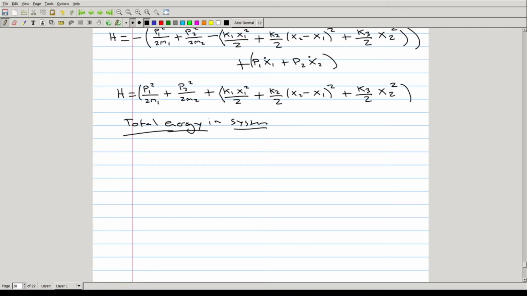Because this is the kinetic energy, and this is the potential energy of the system.